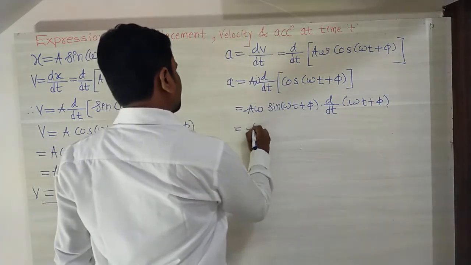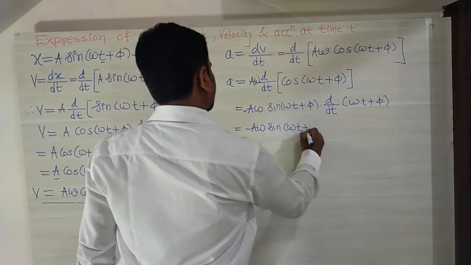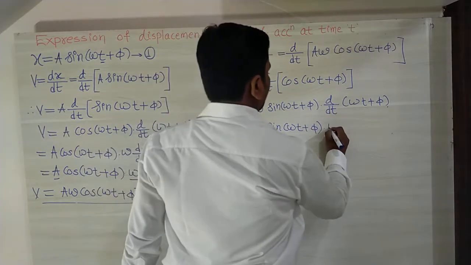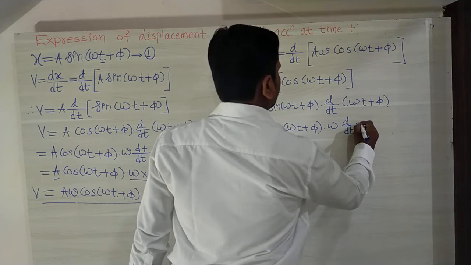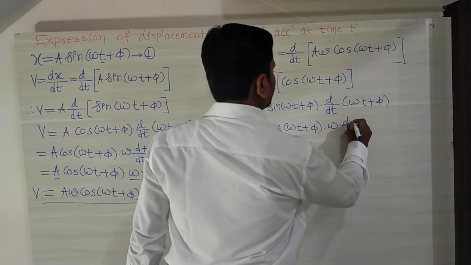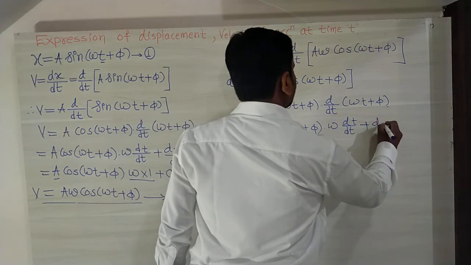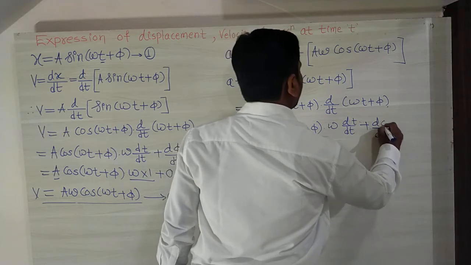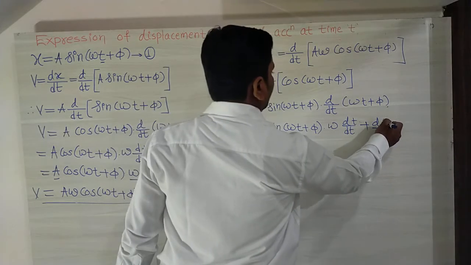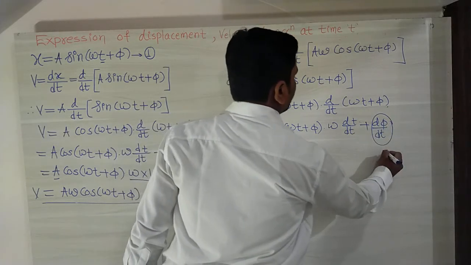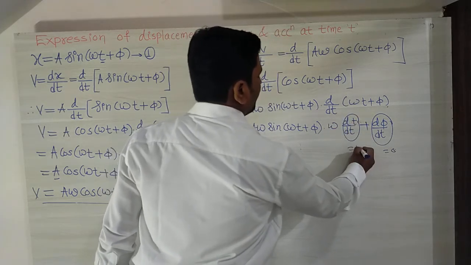So we get minus a omega sin of omega t plus phi into omega, outside the derivative, into d by dt of t plus d by dt of phi. Again phi is constant, so its derivative is 0, and the derivative of d by dt of t will be 1.